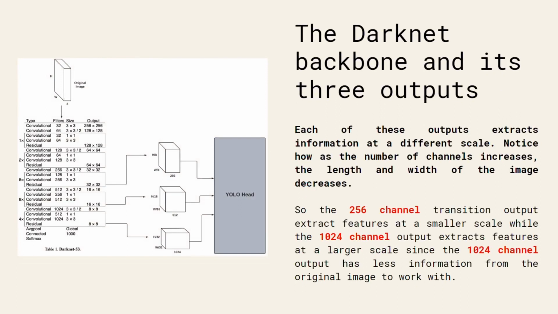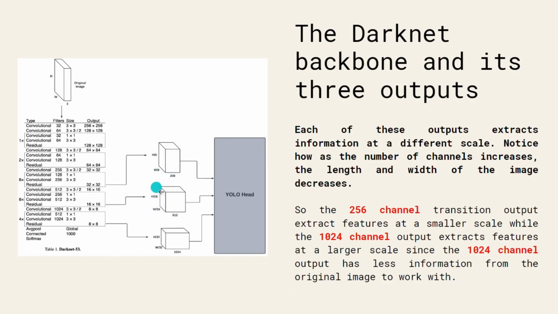Each of these outputs extracts information at a different scale. Notice how the number of channels increases as the height and width of the image decrease. As we can see on the three different scales, as we go down, the height and width of the image decrease. First, we divide the height and width by 8 from the original image to get the first output.